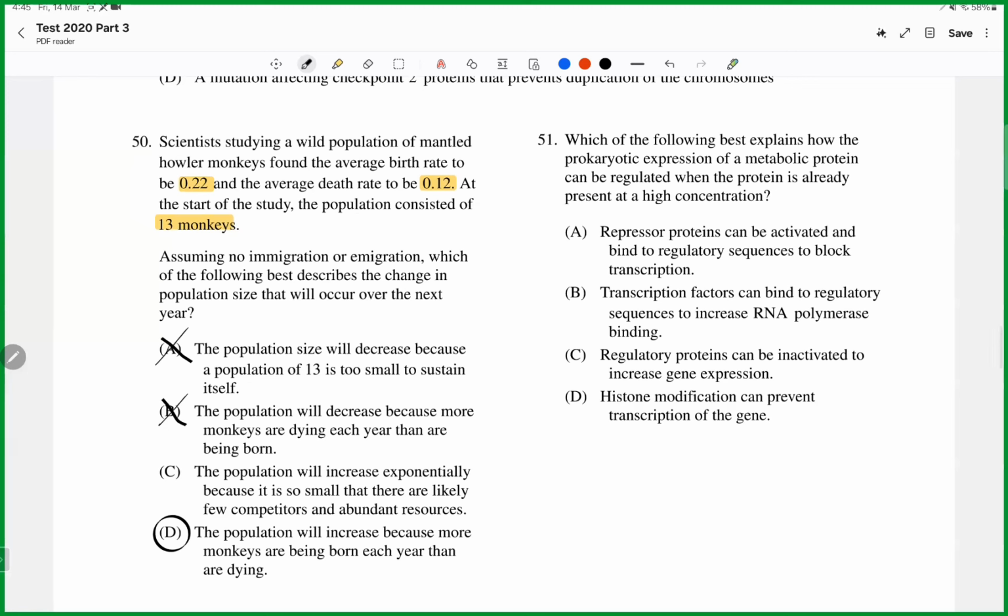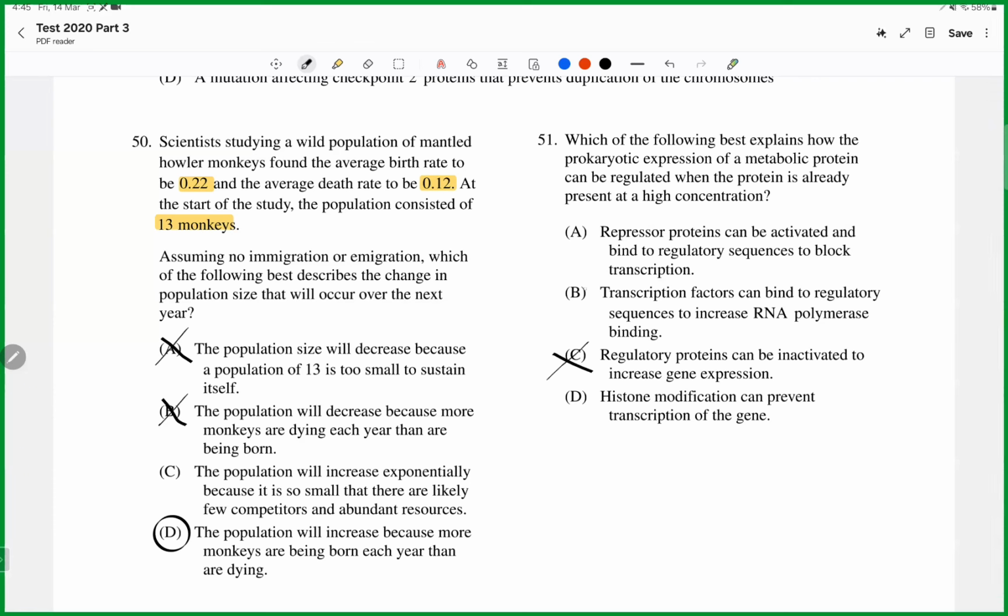Which of the following best explains how the prokaryotic expression of a metabolic protein can be regulated when the protein is already present at a high concentration? If it's already there at a high concentration, shall you make more of it? No. So you don't want to increase gene expression.